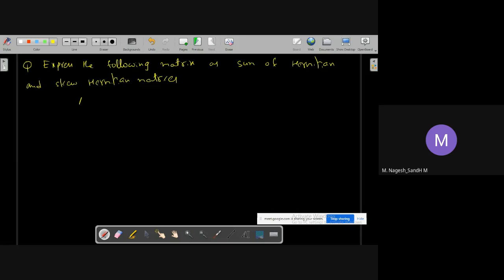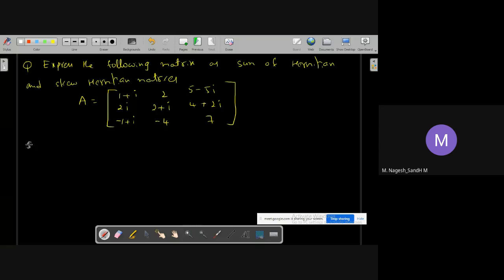A is equal to: first row 1 plus I, 2, 5 minus 5, 2I; second row 2 plus I, 4 plus 2I; next row minus 1 plus I, minus 4, 7. This matrix we have to write in the form P plus Q.